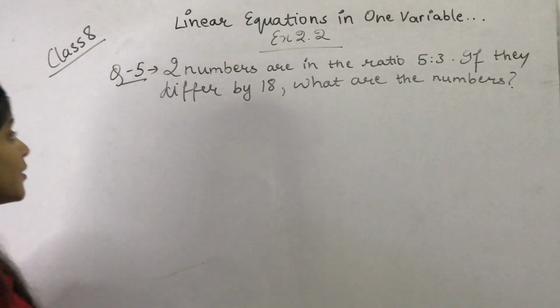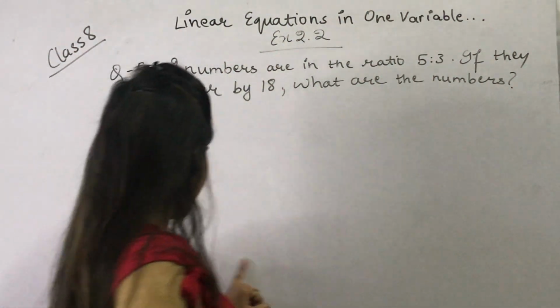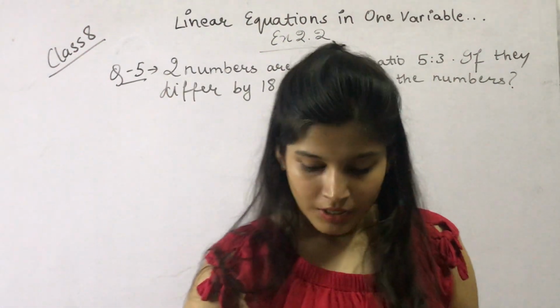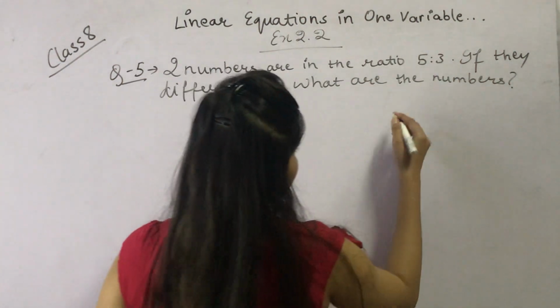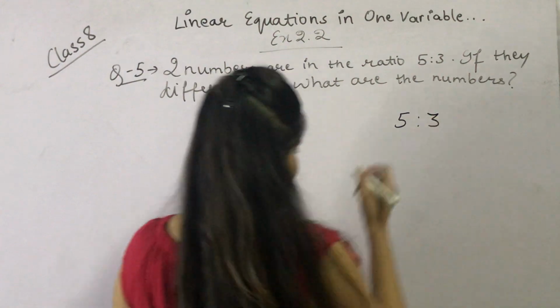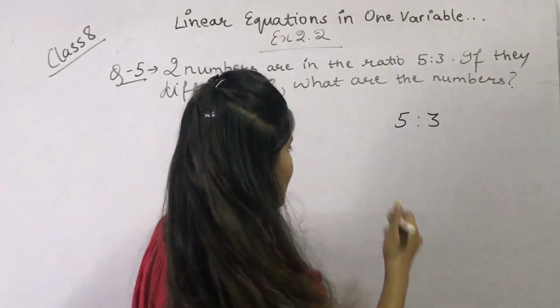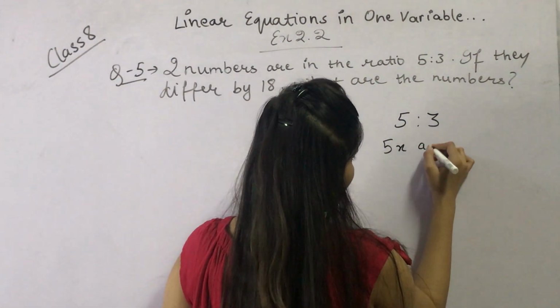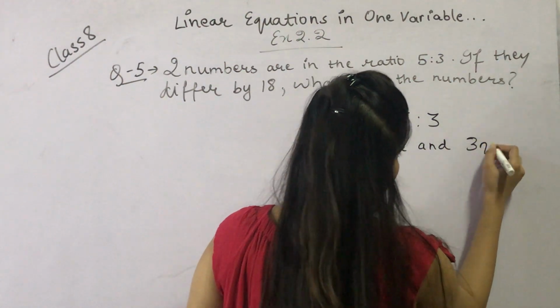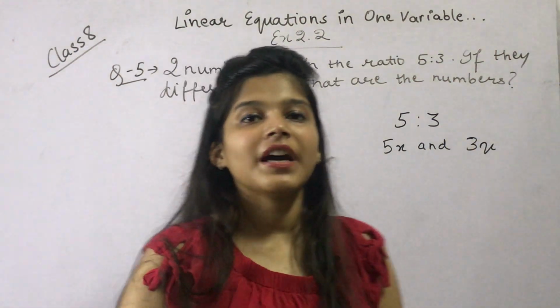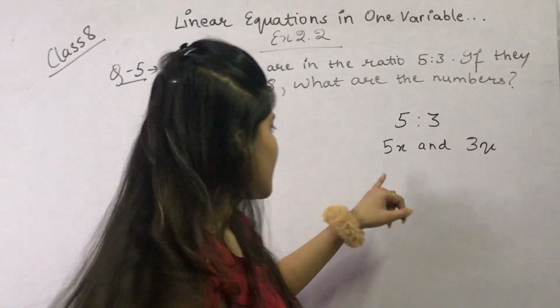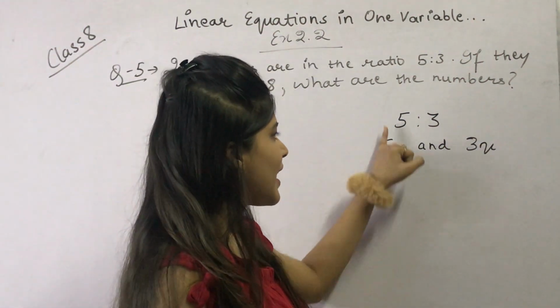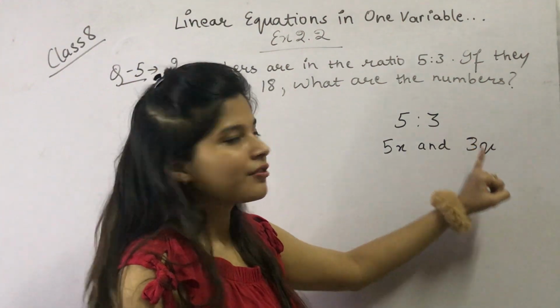So the question is, two numbers are in the ratio 5:3. Children, whenever we are given the ratio of two numbers, we write the numbers as 5x and 3x. Always remember this, whenever we are given two numbers or two quantities in a ratio, we will take the numbers as 5x and 3x.